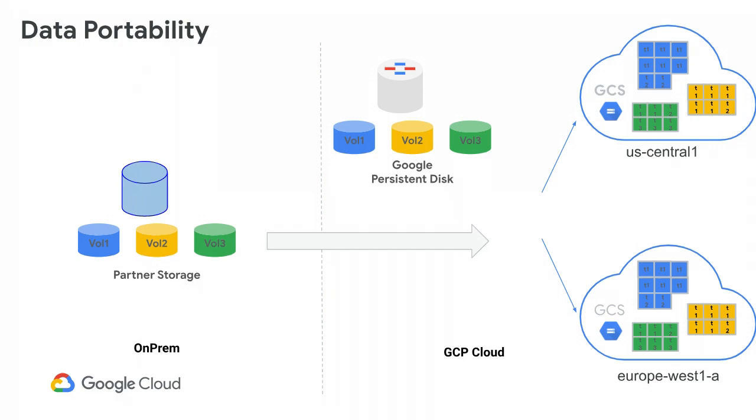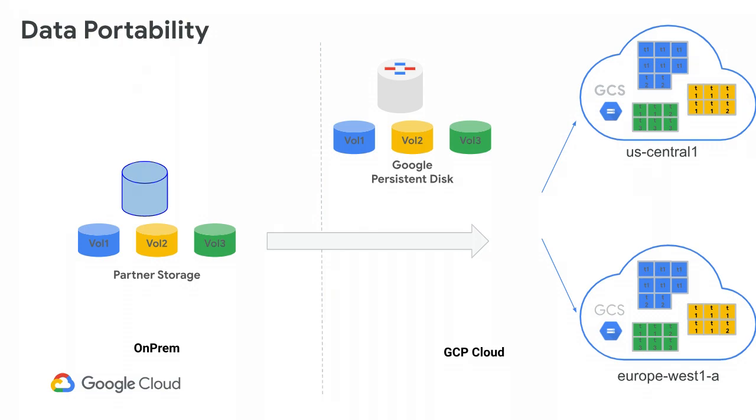Diving a bit deeper, if you look at GCP, how we enable data protection on GCP is you can take a snapshot in a multi-regional bucket or a regional bucket in GCS, which protects us against regional failures and zonal failures. Now, the goal is to work with the partner community so that the backups can be stored in GCS.